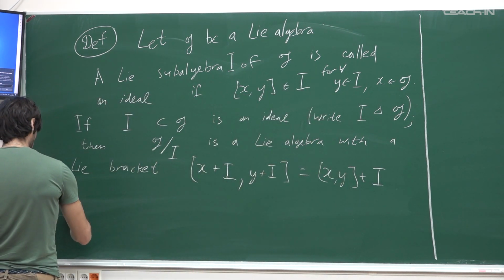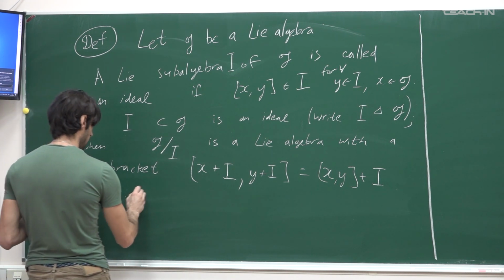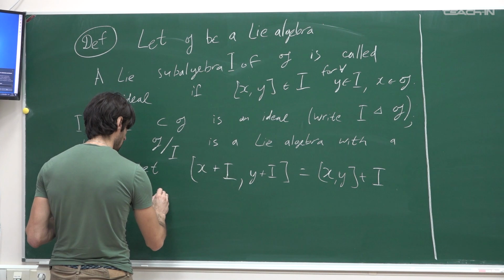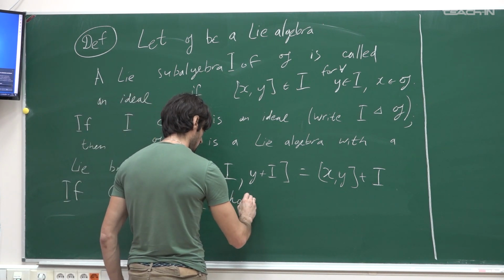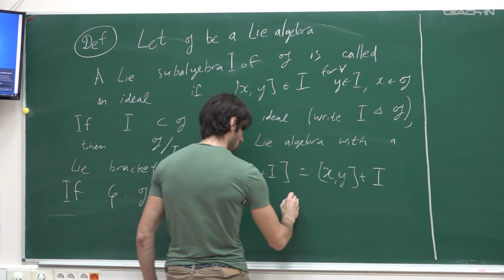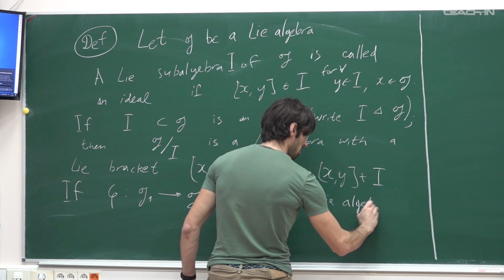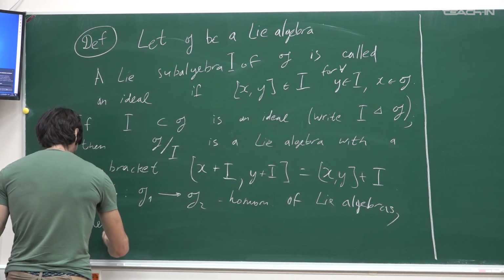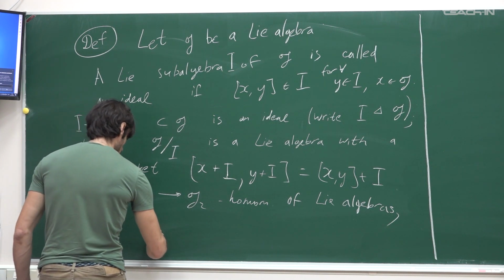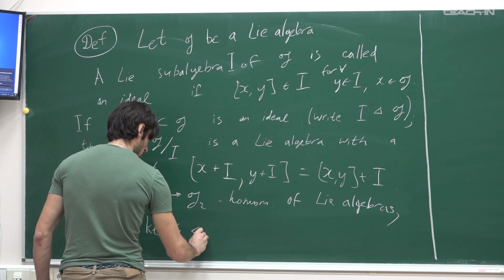And if I have a homomorphism of Lie algebras, then of course the kernel of phi is an ideal in G1.